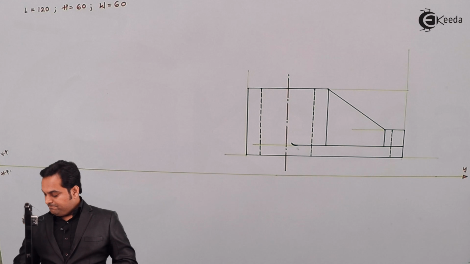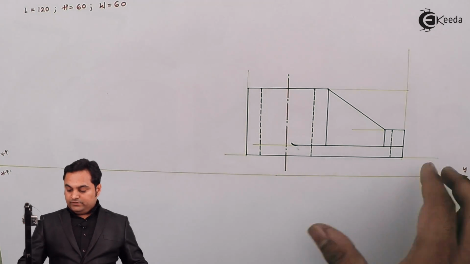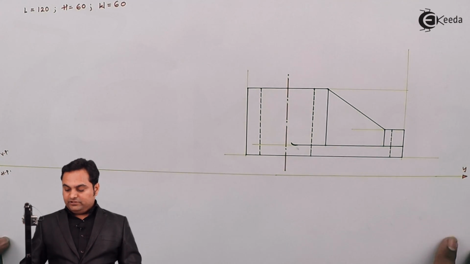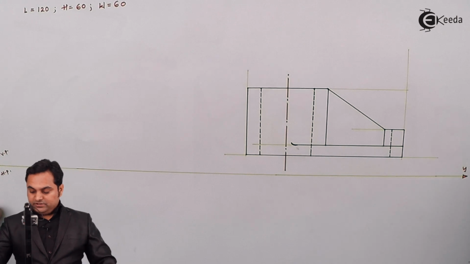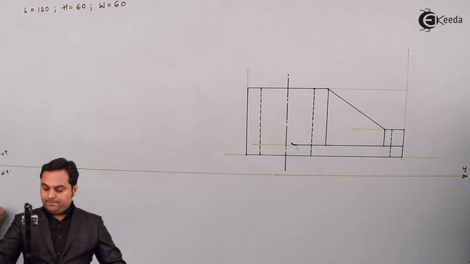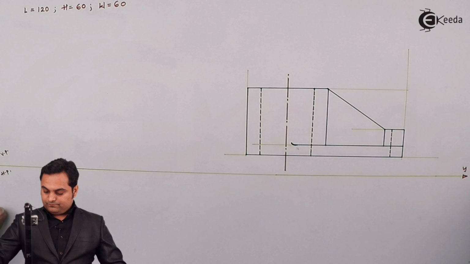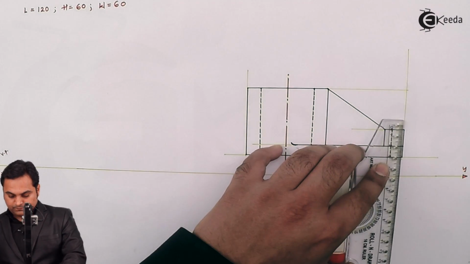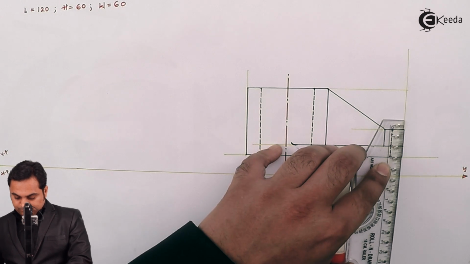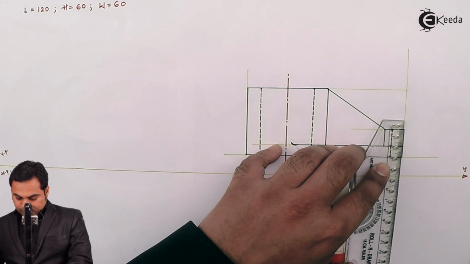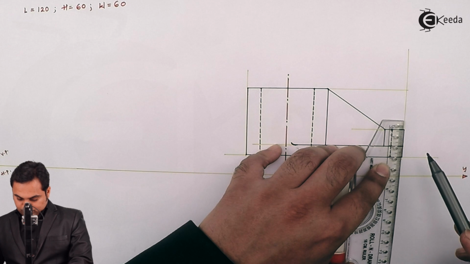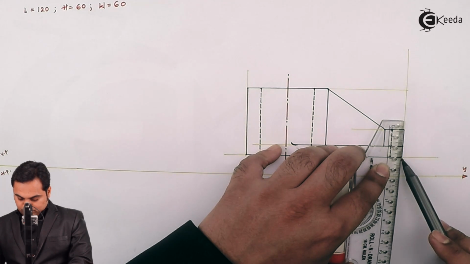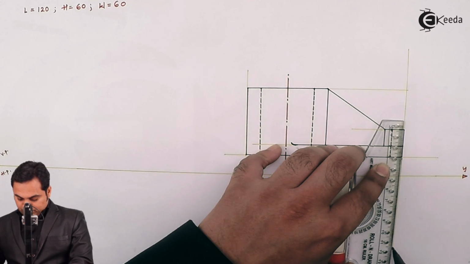So for the top view the length we can get from the front view, so I'll project this length which is 120 mm, projecting it light.